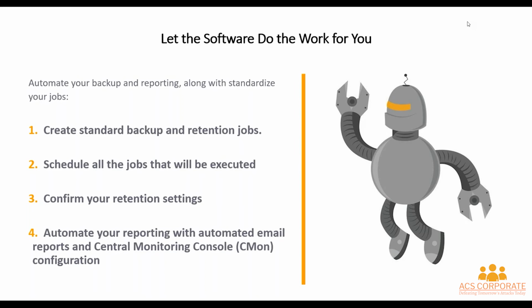Automate as much as you can. And that's including the reporting, whether it's email reporting or using our free tool, the Central Monitoring Console. Anything like that, you need to make sure it's as automated as possible so there's no reliance on anyone manually doing anything, manually kicking off a backup job or anything like that.